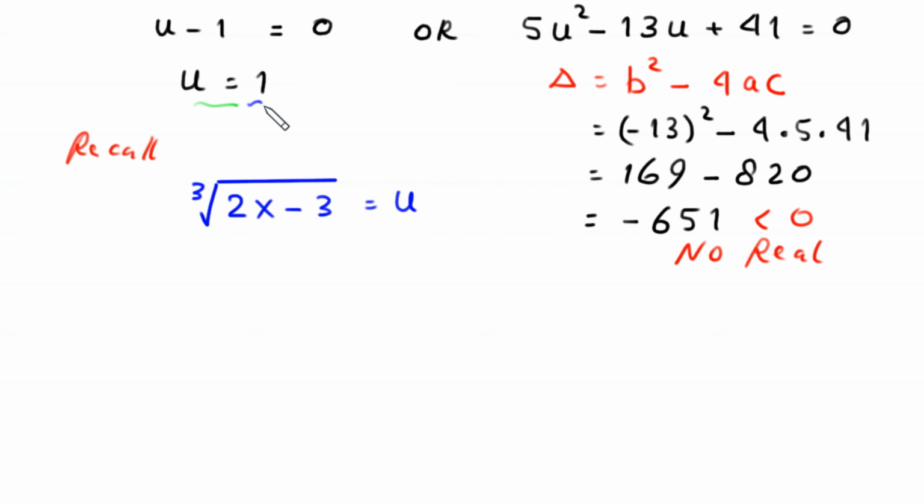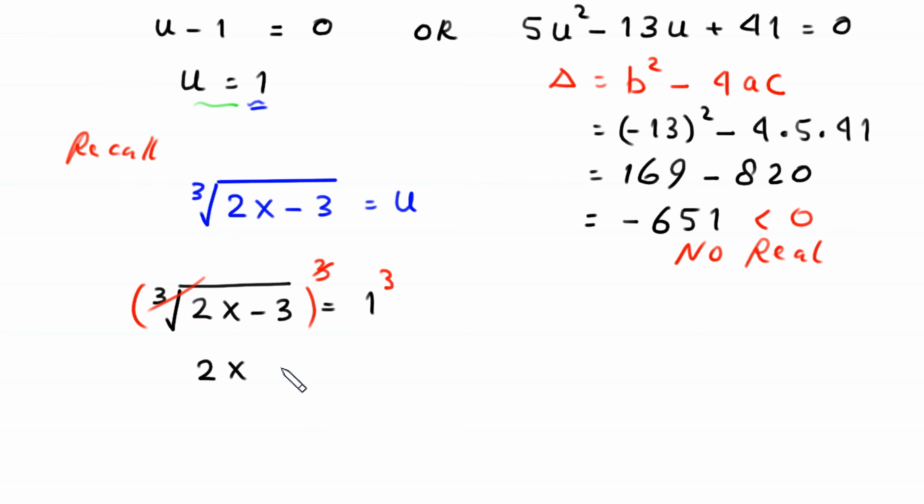Since u is 1, so this will become cube root of 2x minus 3 equal to 1, and we take cube on both sides. So this cube will be cancelled with the cube root. At left hand side we are left with 2 times x minus 3 equal to 1 cube is 1.